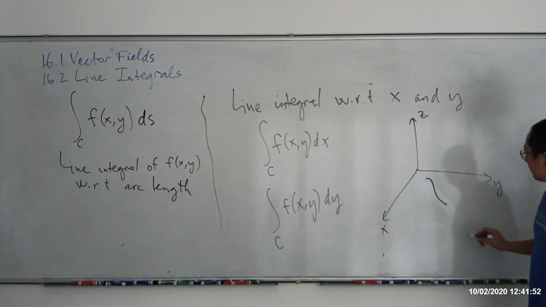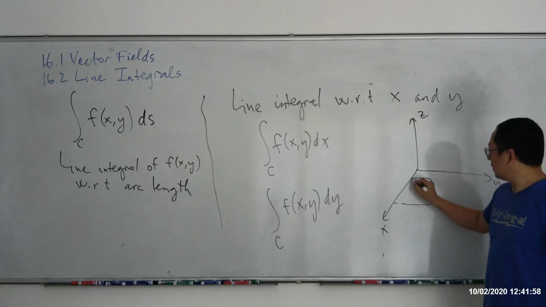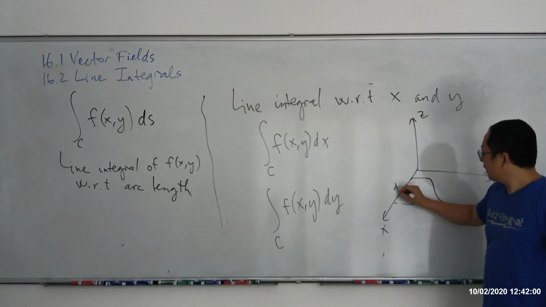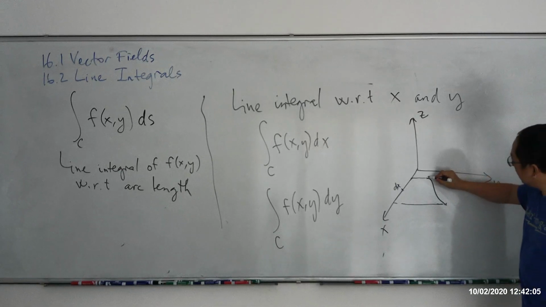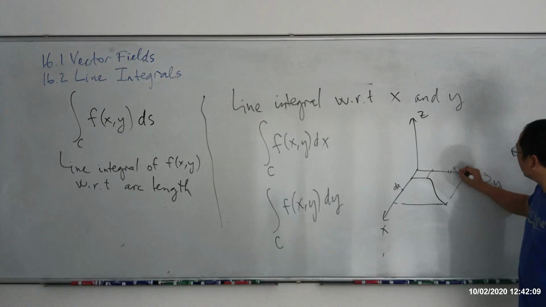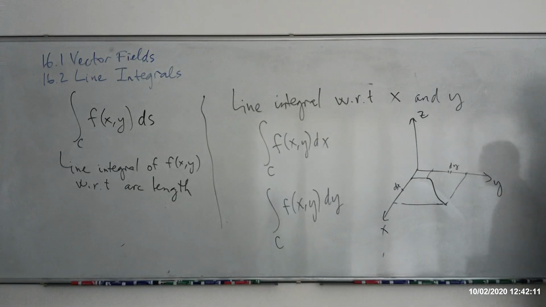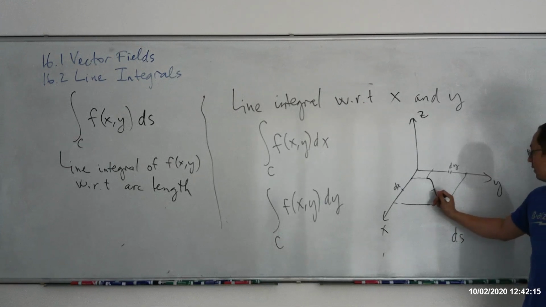Let me try to draw it better so it's easier for you to see. The curve C, okay? If you project it down to the x-axis, then this is the change of the x value, dx, a little bit of change in x along the curve. And this is the change of the y value of the curve, dy. Okay? So ds is a little change along the curve.